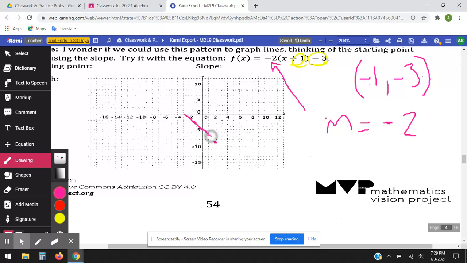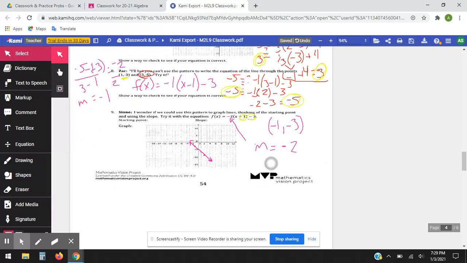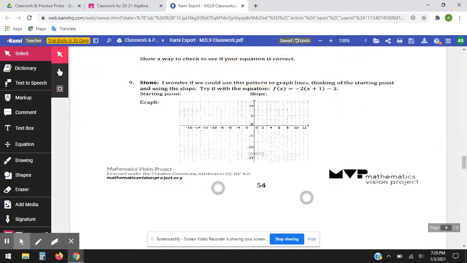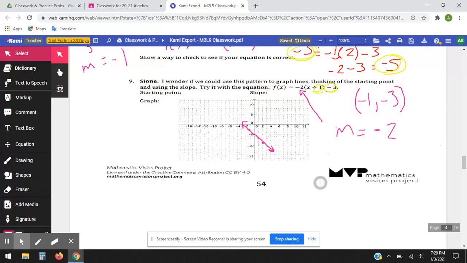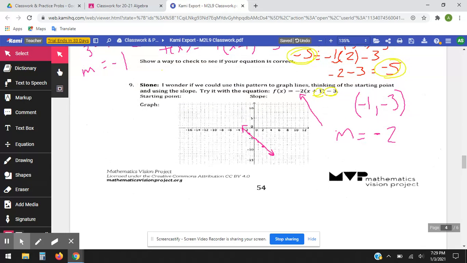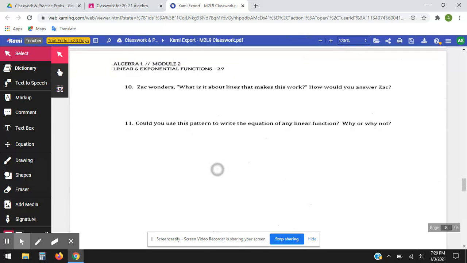And so now I've got the down 2 over 1, down 2 over 1, and I've got my line. And make that a little smaller. Okay. Nice. So notice we just did the opposite. Instead of looking for points, we were able to use this point and the slope and be able to make our graph from there. Final page.